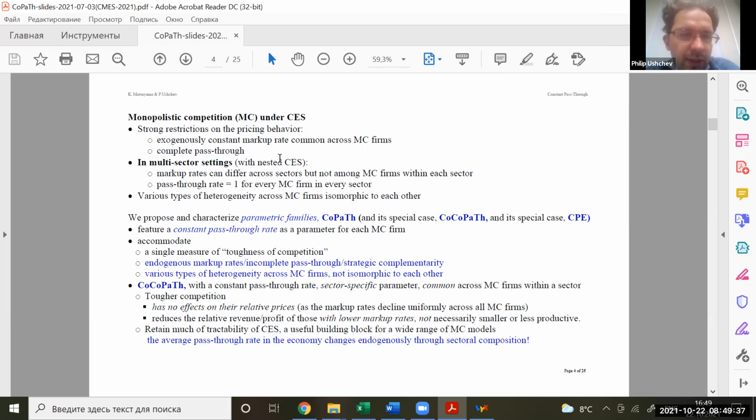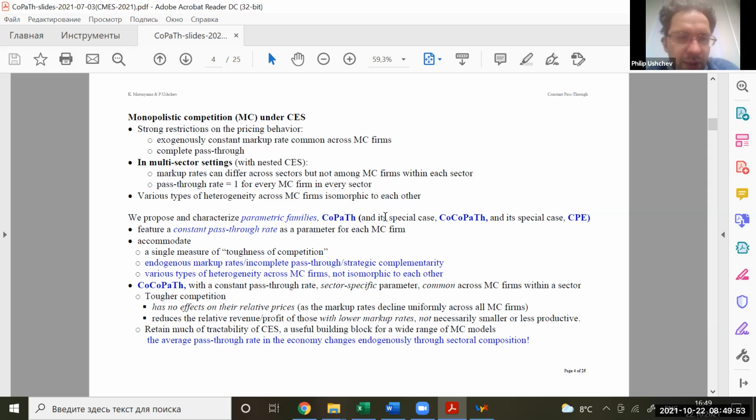Also, this restriction extends to multi-sector settings with nested CES, so you cannot even make pass-through sector-specific, not to mention firm-specific.